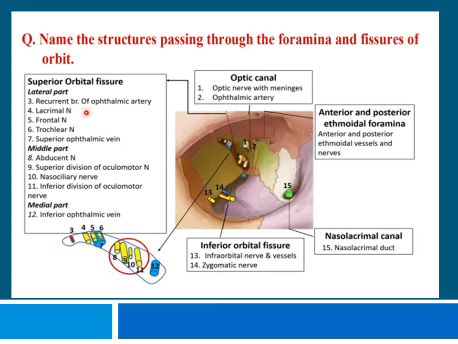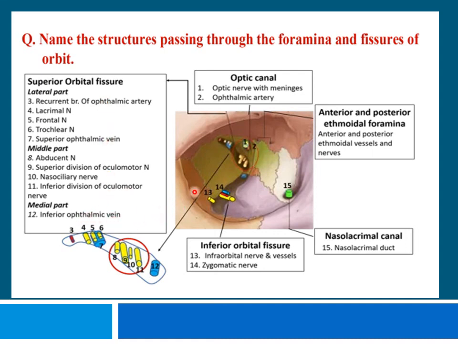The lateral part gives passage to the ophthalmic artery, the lacrimal nerve, frontal nerve, trochlear nerve, and superior ophthalmic vein. The middle part gives passage to the abducent nerve, the superior division of the oculomotor nerve, the nasociliary nerve, and the inferior division of the oculomotor nerve. These are all structures you have to memorize.